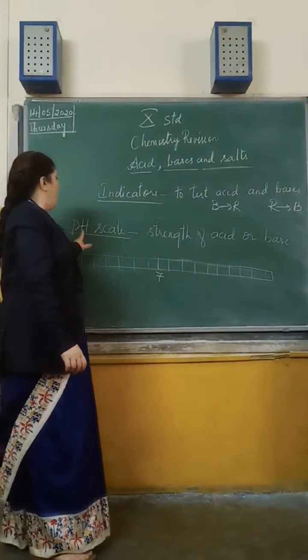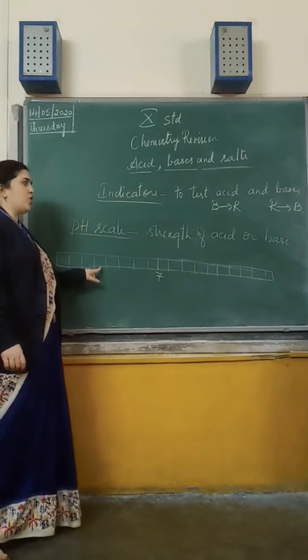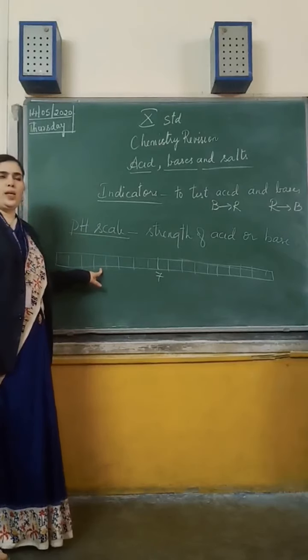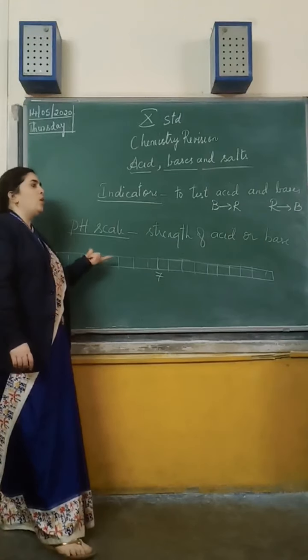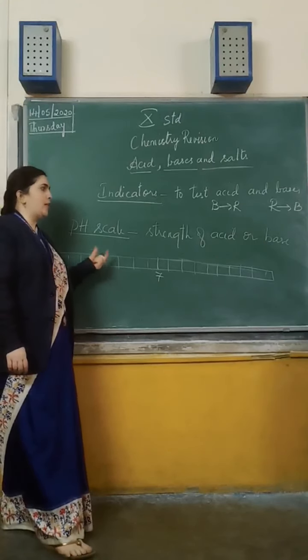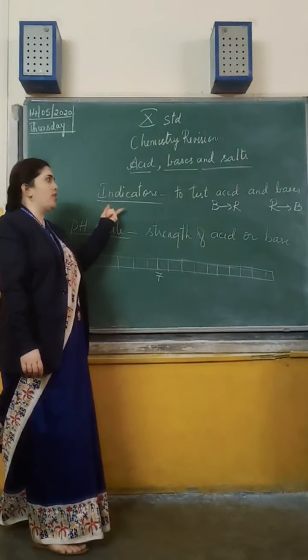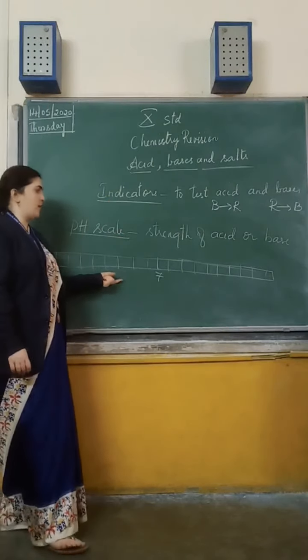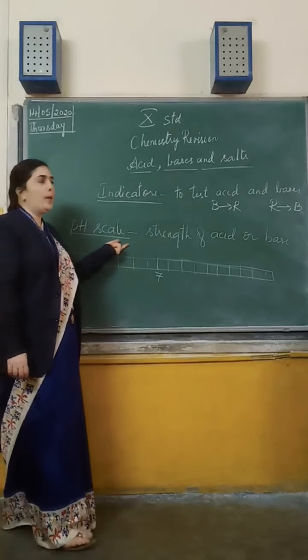The pH scale just measures the strength of the acid or the base. When a solution is given, you will come to know whether it is an acid or a base by using the indicators. Once you know whether it is acidic or basic, you will come to know how strong that acid or base is.